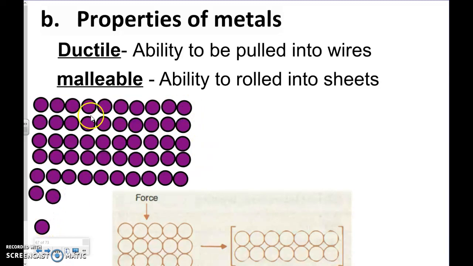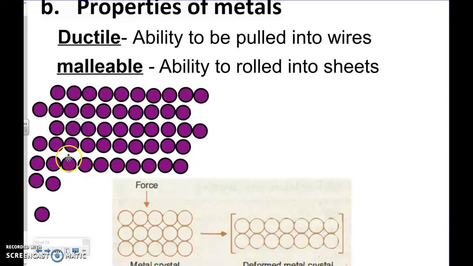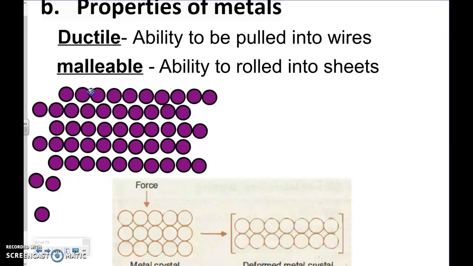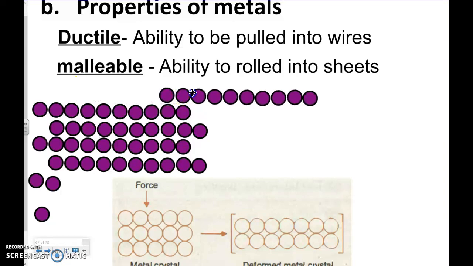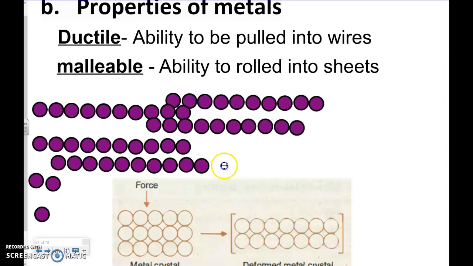As we apply pressure to those metal atoms, and as they break bonds and move, they can shift slowly from one place to another. But as they shift, what eventually happens is that they can shift into different shapes.